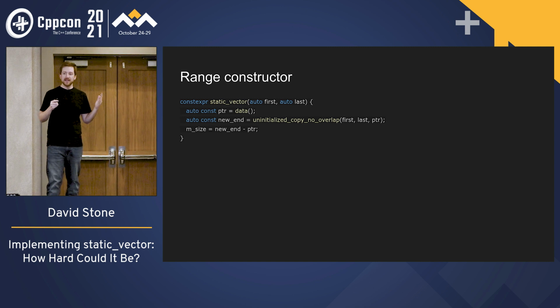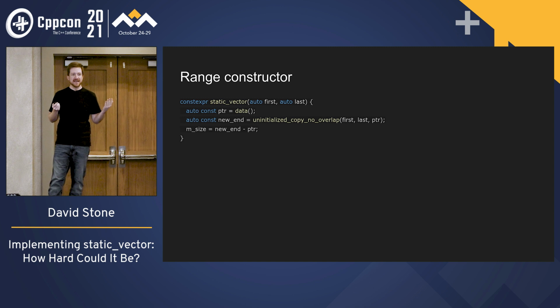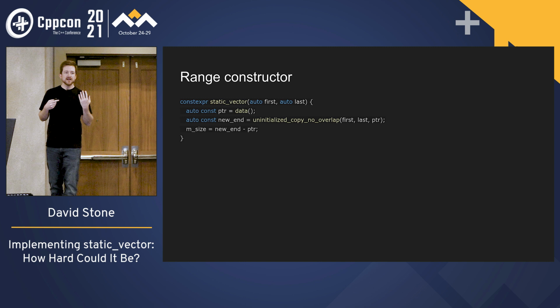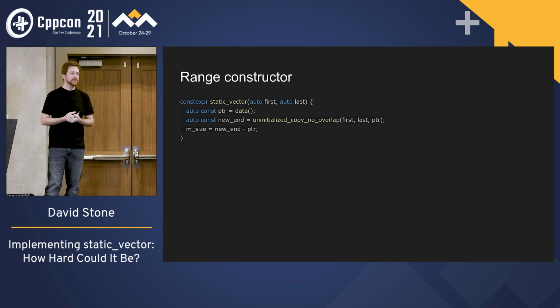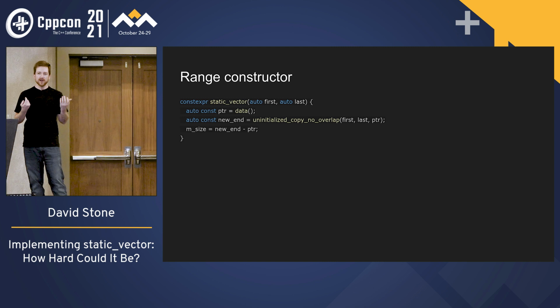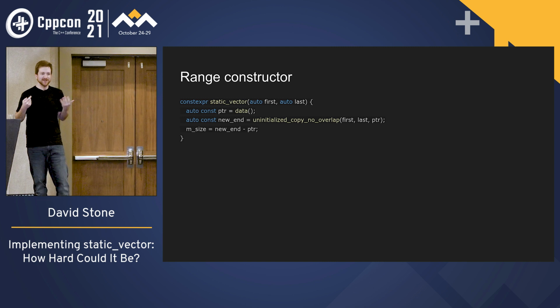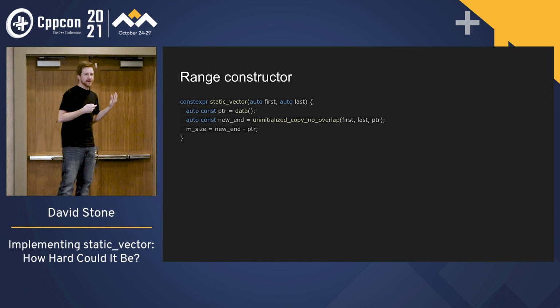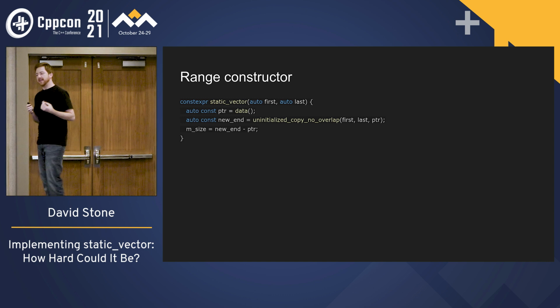It could be input iterators, which means that it is not possible to go over it twice. Consider the case of an iterator that reads from standard in. After you read from the first one in advance, you're waiting for the user to type in input again. You can't go back and look at what they typed before unless you store it somewhere. Where are you storing it? You're trying to store it in static vector. That's the whole reason you're using this. So there's kind of that issue there. So that makes things a little tricky.